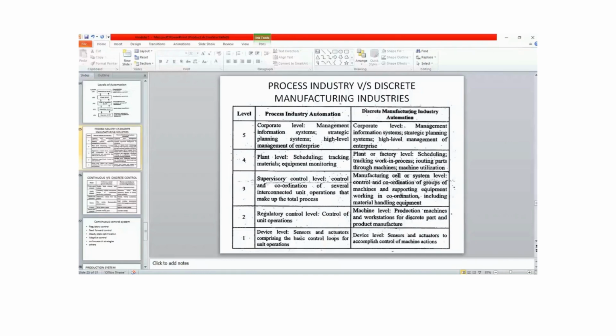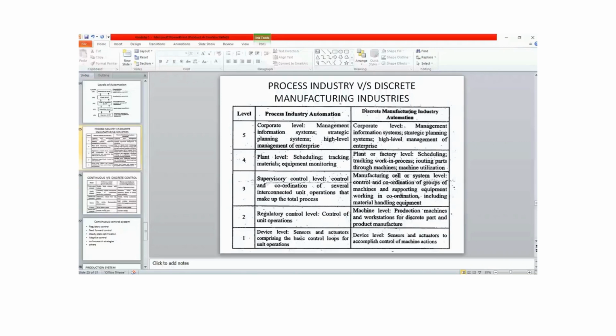Temperature, fluid, quantities, liters: all of this is measured in process industry automation using sensors and actuators. But in this case, it is limited to the machines themselves. From the control of the machines, it carries out the products.